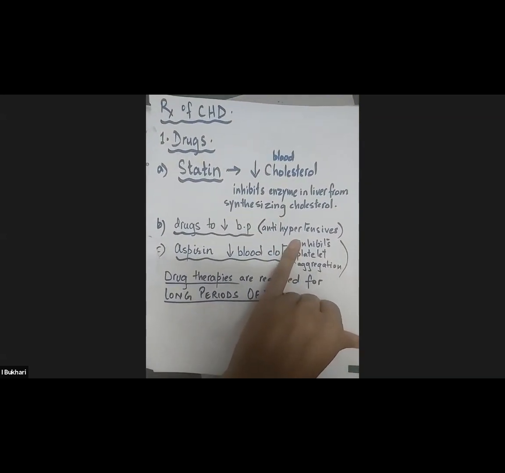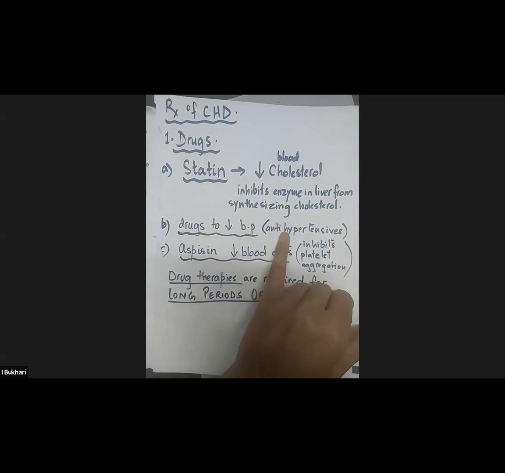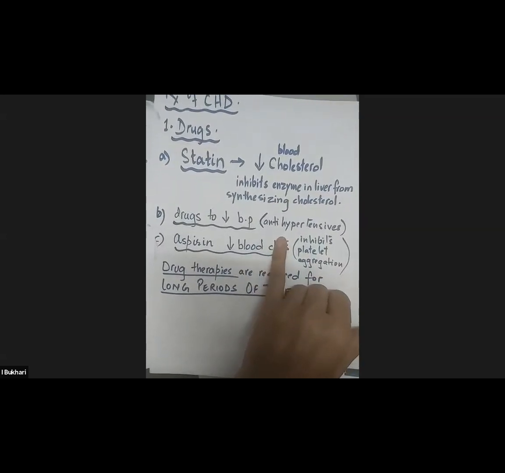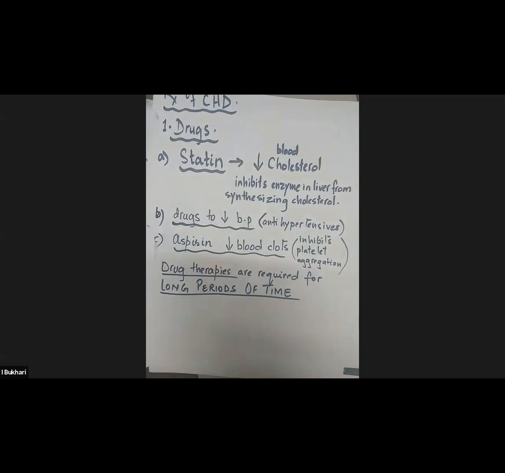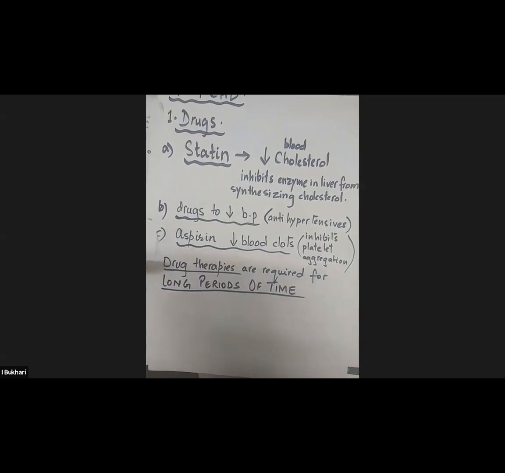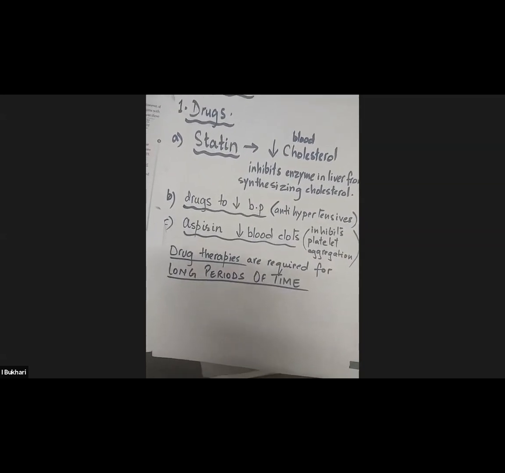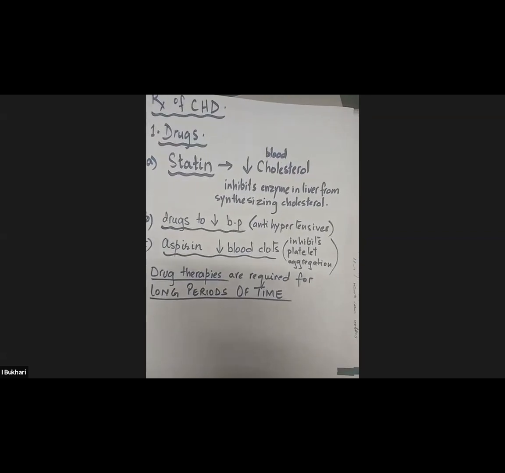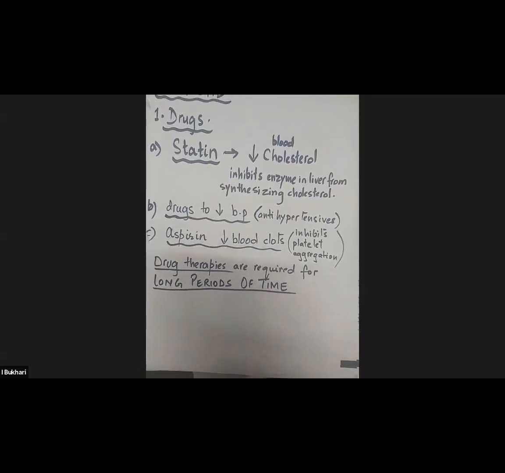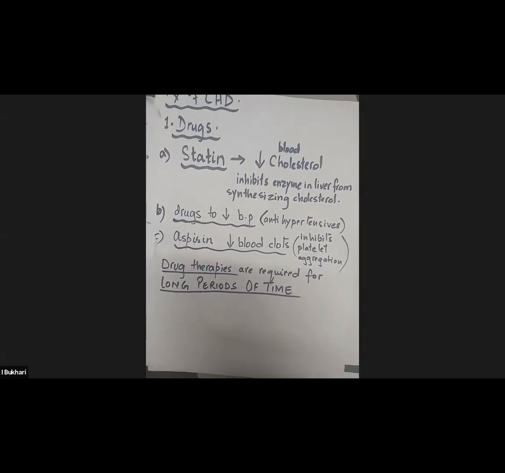You don't have to know this name, but this is what they are commonly referred to as in the medical world. Now, the third class of drugs is aspirin. How aspirin works is that it does not allow the platelets to aggregate. Remember, blood clots are formed by platelets.